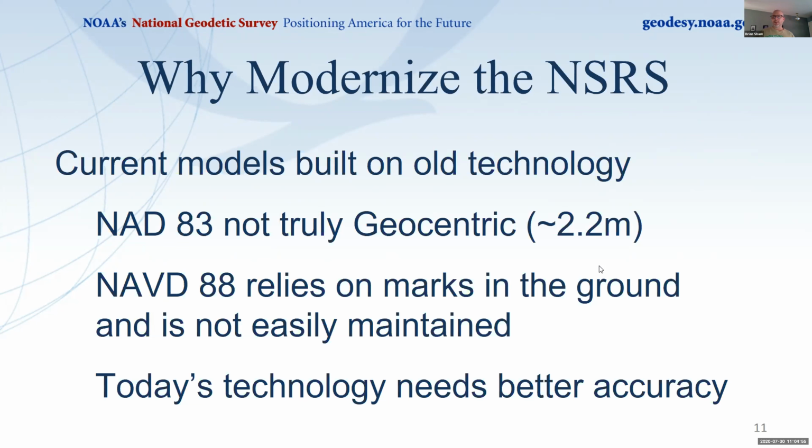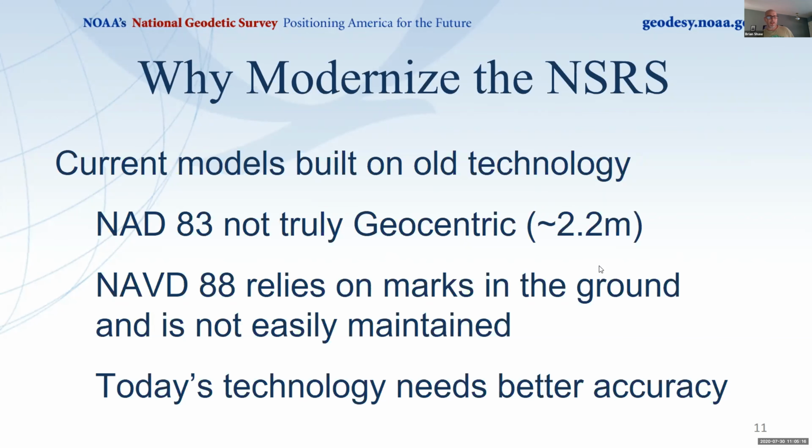But nowadays we've got it mapped to a much more accurate level, and we understand that the center of the NAD83 ellipsoid is not truly geocentric, and that brings in some inaccuracies, especially when you're working with global data. It's off by 2.2 meters.